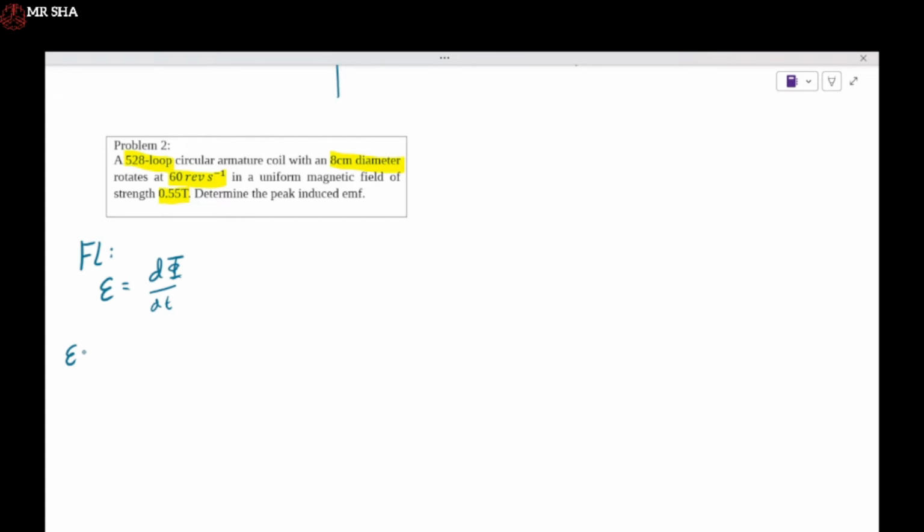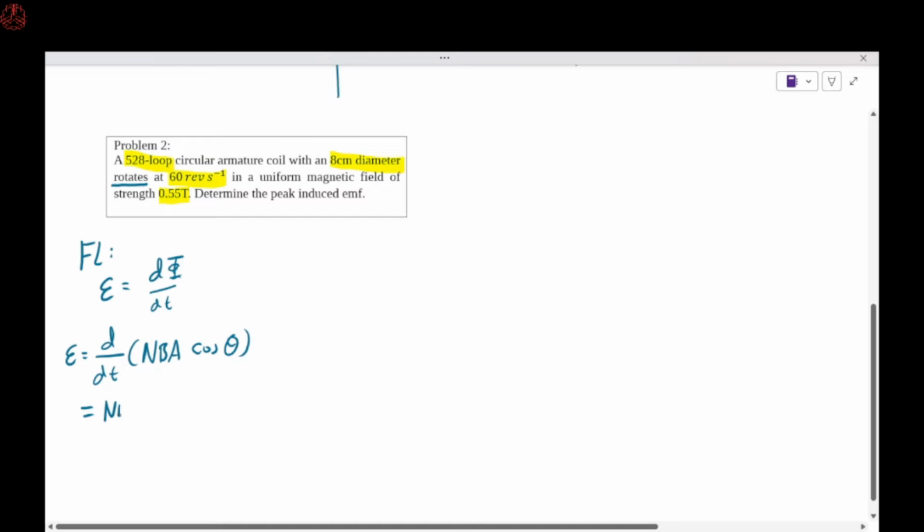If we expand on this, I will have d over dt of NBA cos theta, theta being the angle between B and A. Now, the interesting part about this one is that it is rotating. So when it is rotating, my NBA remains the same, but I will have to differentiate cos theta.